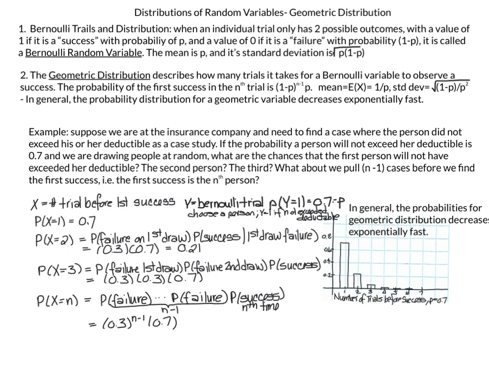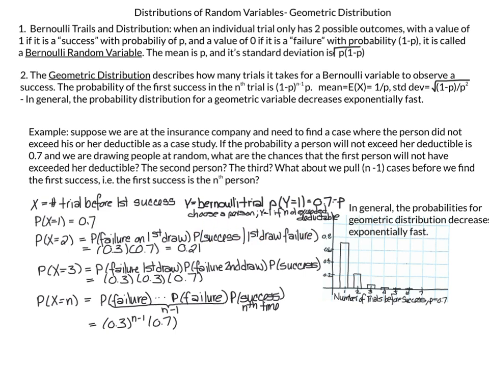What about the probability that x equals 2? In other words, we have to draw two files before we get a success. So that means we draw a failure on the first, that is someone who has exceeded their deductible, and then we draw a success given that the first drawing was a failure. But since these are individual Bernoulli trials, and they're independent of each other, this is just the probability of success.